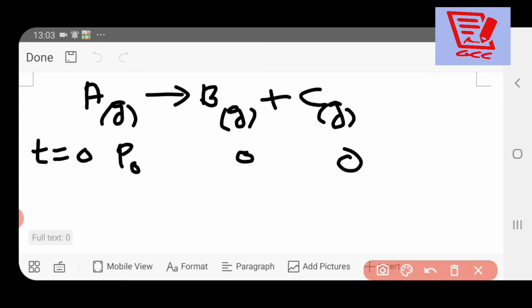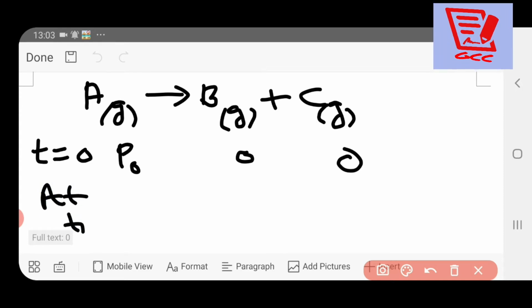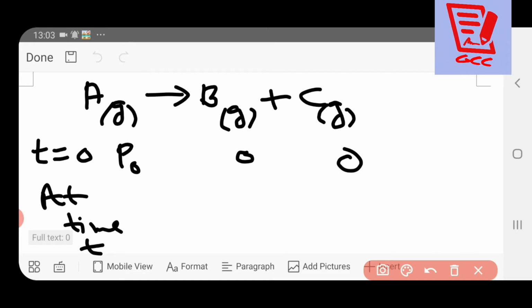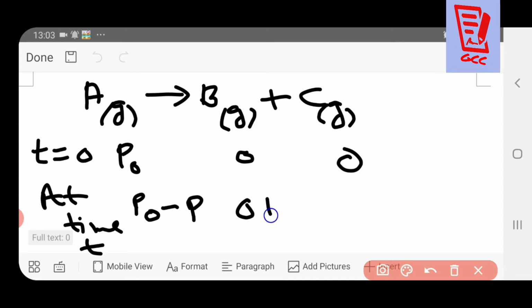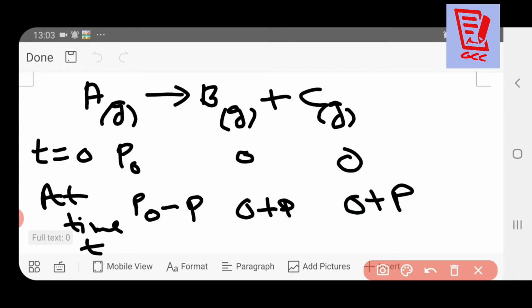But at time t, it will become P naught minus P, and this one will become 0 plus P, again 0 plus P. Is that clear to you?